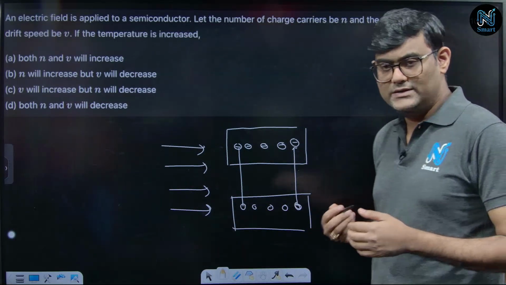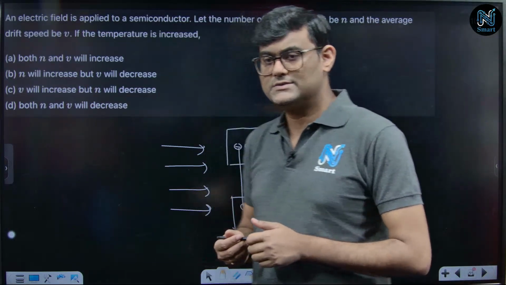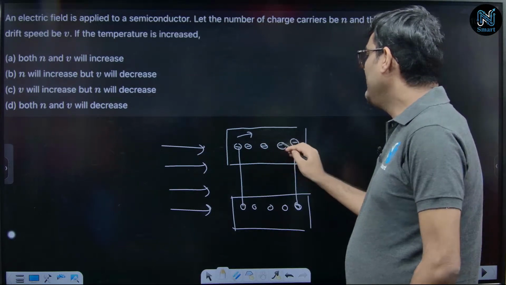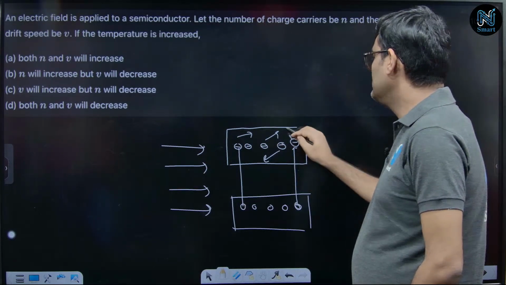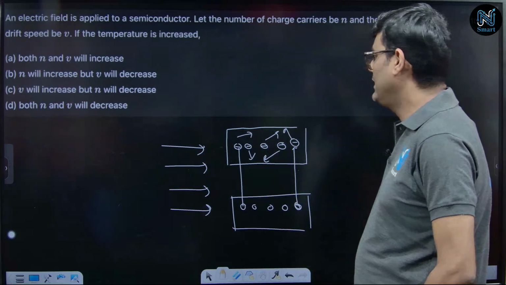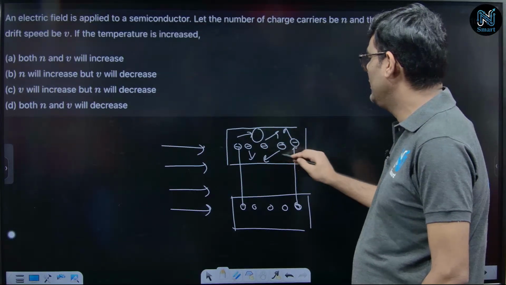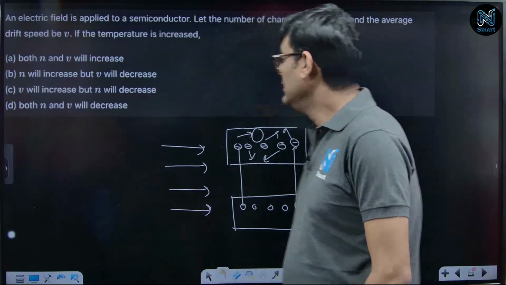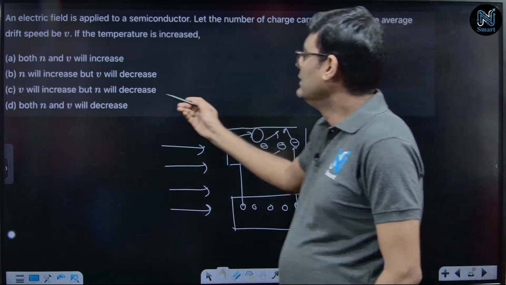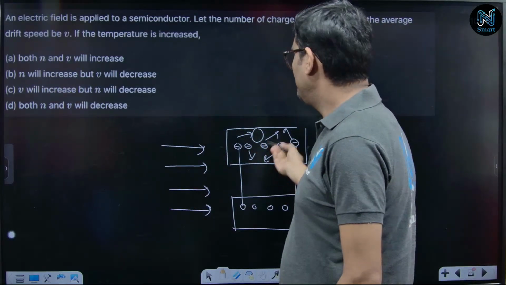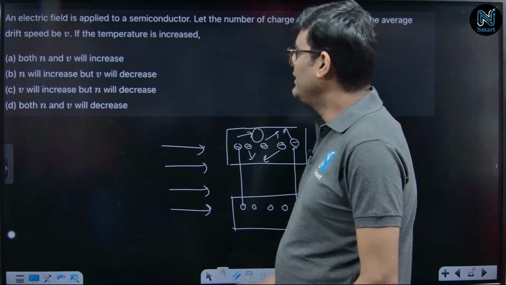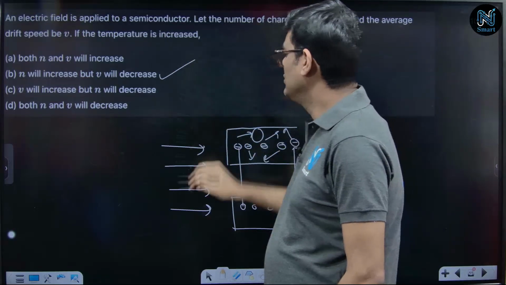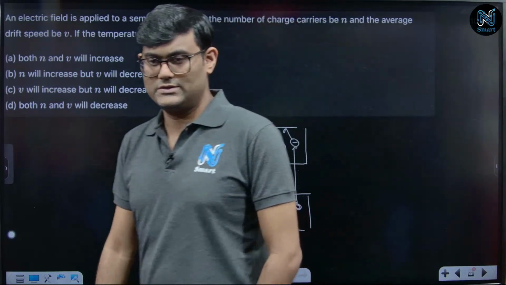But as we increase the temperature, the randomness of the electrons' motion will also increase. As the randomness increases, the electrons are going to collide more frequently with the lattice structures. So I can say that the drift velocity, the drift speed, will decrease. So n will increase but v will decrease. That should be the correct answer for this question.